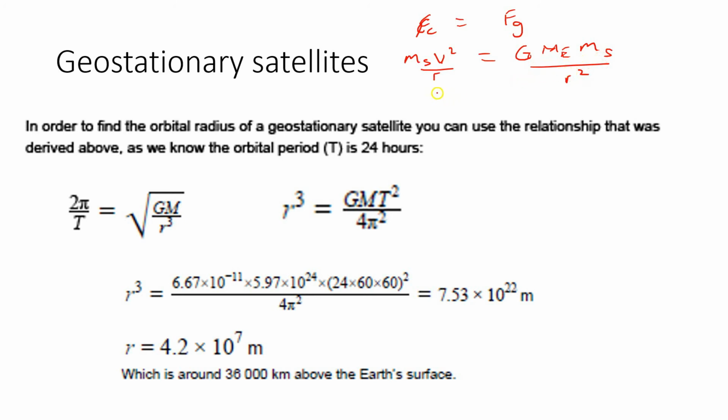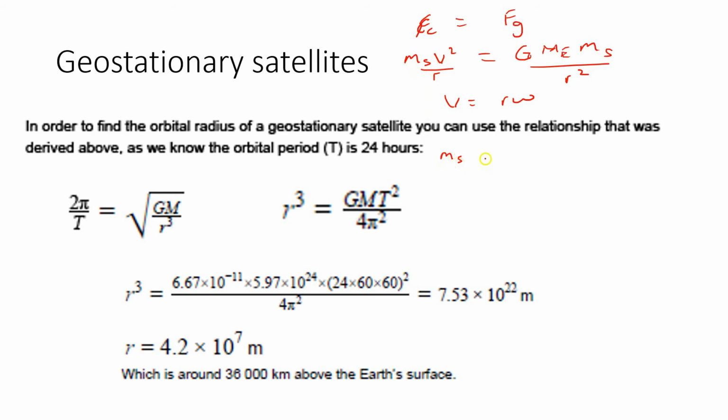There's something that we must recall from circular motion, that the linear speed can be written as r times omega. So if I were to substitute for v in that equation on that side that speaks to the centripetal force, then this is what I have.